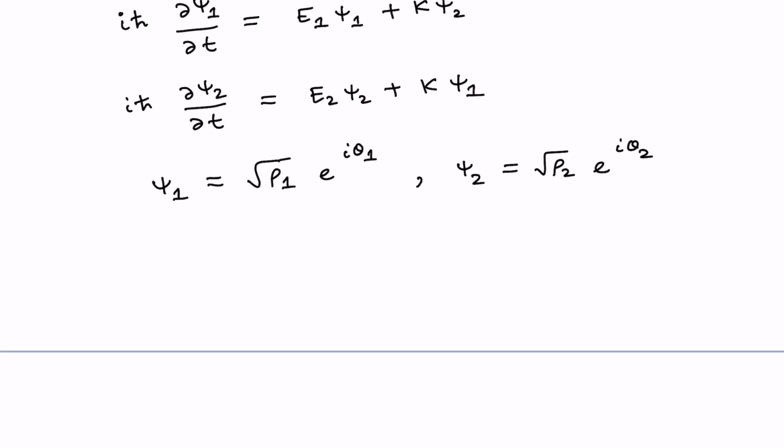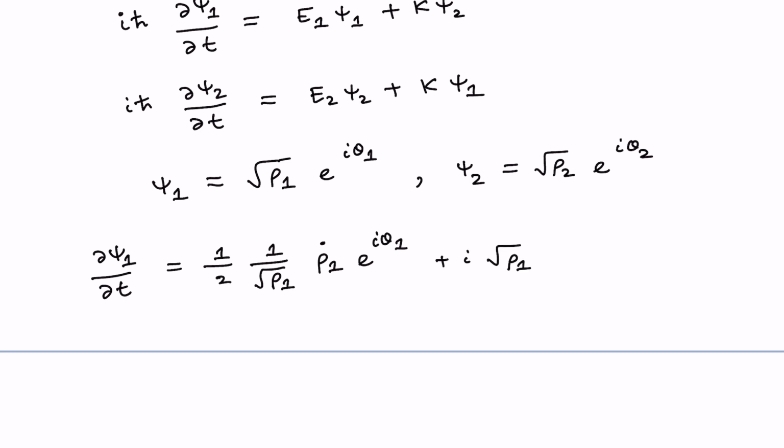So let me now take a time derivative of ψ1, and this is what I'll get. ∂ψ1/∂t is equal to 1/2 1 by root ρ1, ρ1 dot e to the power i θ1 plus i square root of ρ1 θ1 dot e to the power i θ1.